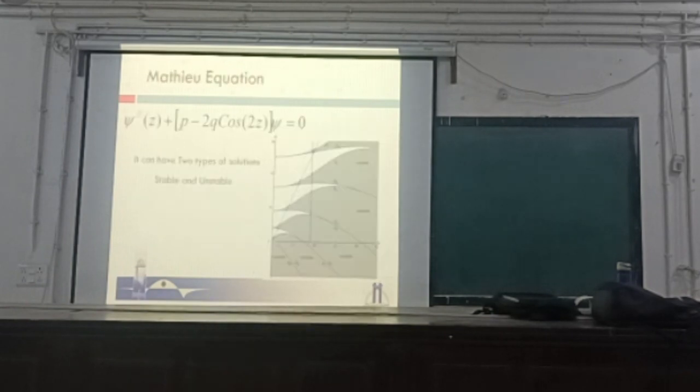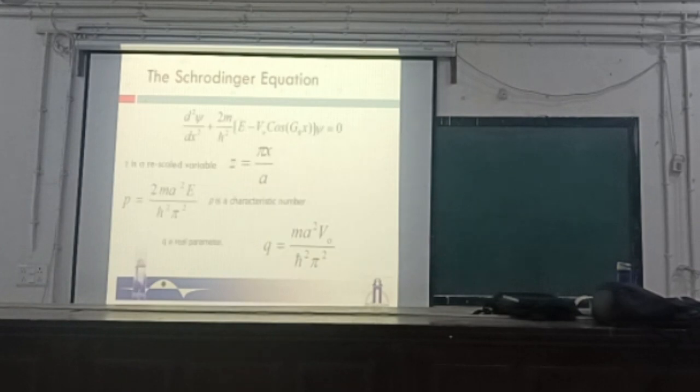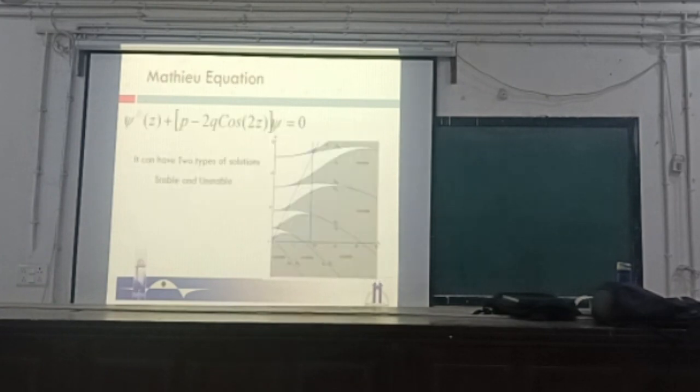What happens if you make these substitutions? The Schrödinger equation becomes ψ''(z) + (p − 2q cos 2z)ψ = 0, and this is called the Mathieu equation.